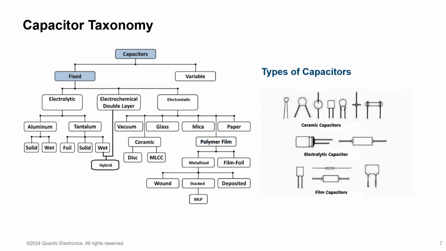Since metal oxide dielectrics can quickly be broken down by reverse voltages, electrolytics can only be used in DC applications. Aluminum and tantalum are the most commonly used anode metals for electrolytic capacitors due to the dielectric strength of the formed anodized layers.